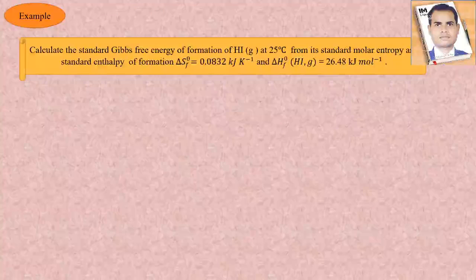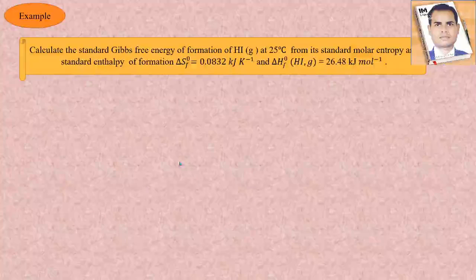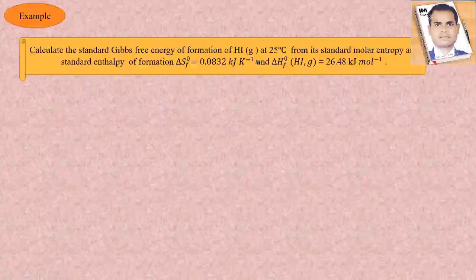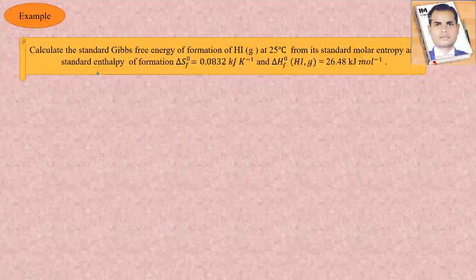In the first one, calculate the standard Gibbs free energy of formation of HI in gas at 25 degrees Celsius from its standard molar entropy and standard enthalpy of formation.